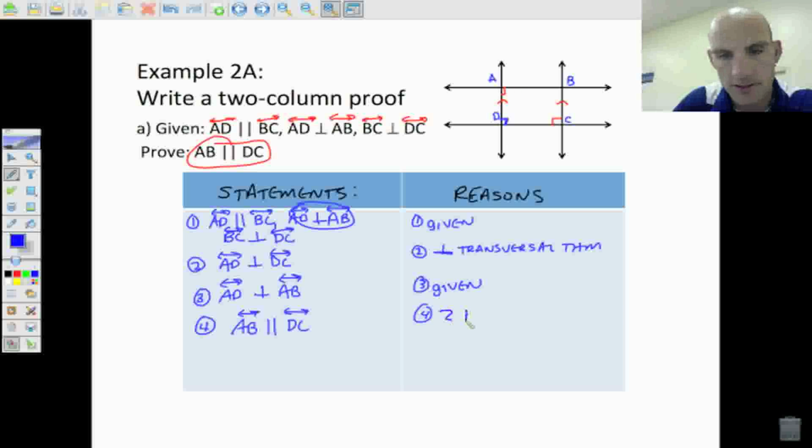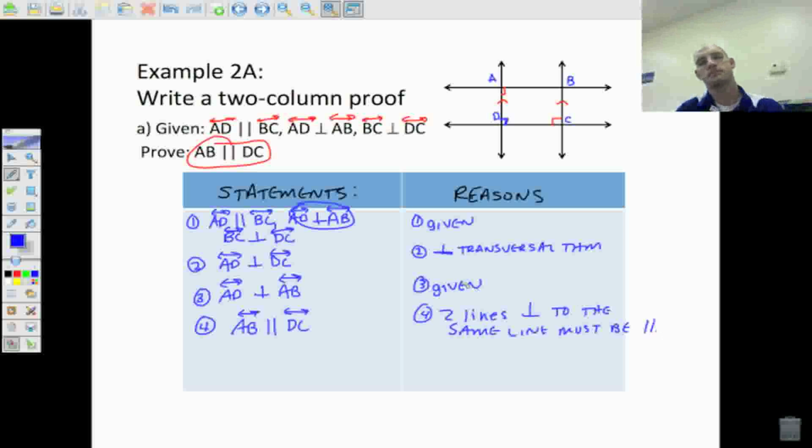So we can say two lines perpendicular to the same line must be parallel. Okay? Simple as that. So we proved that it was perpendicular to another one, and the transversal, if it's perpendicular to two separate lines, it must be perpendicular to the other one.